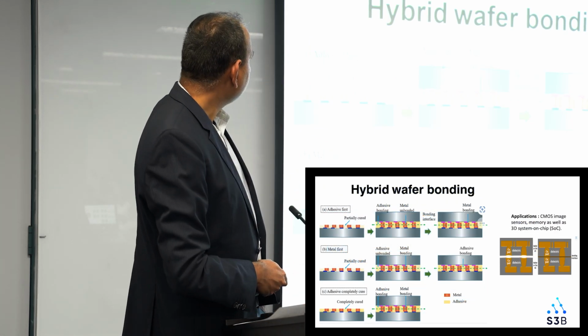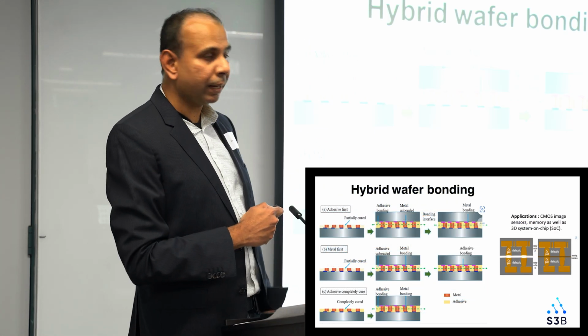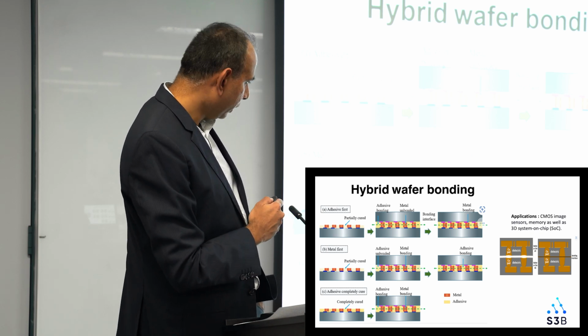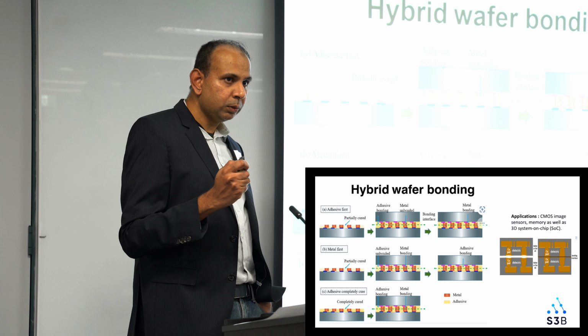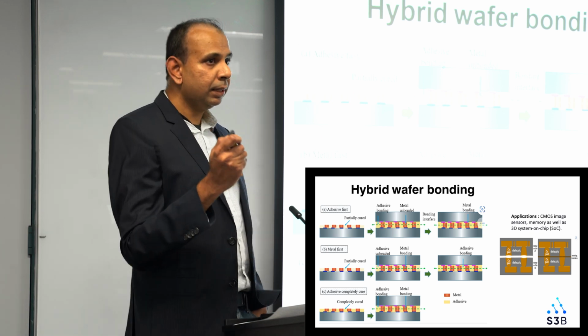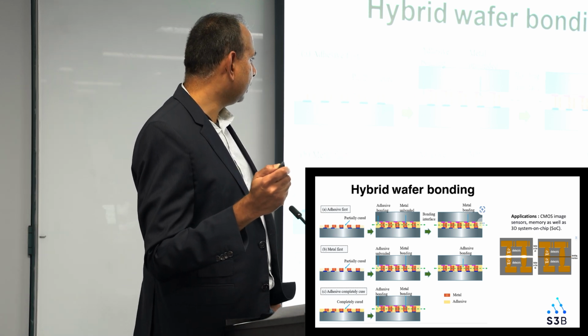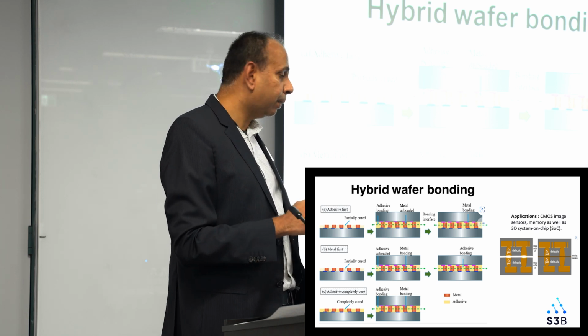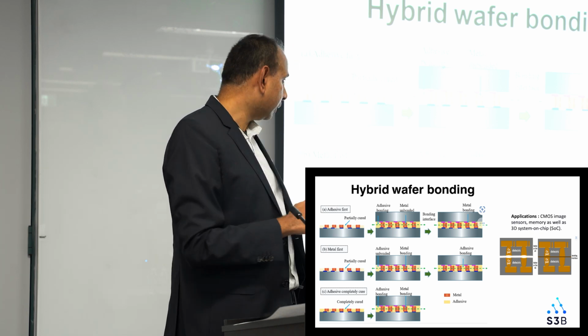Then moving on to 3D packaging technology, I wanted to share something about hybrid wafer bonding. One of the key limitations with respect to the silicon interposer technology is that, as I mentioned earlier, the bump pitch is about 40 micrometers.